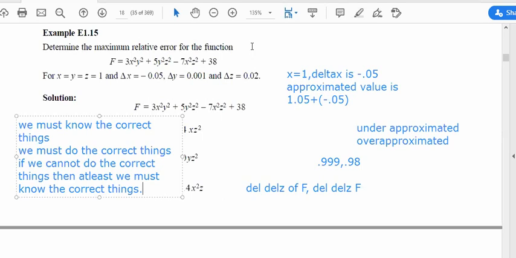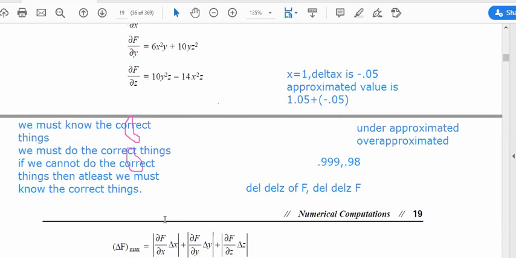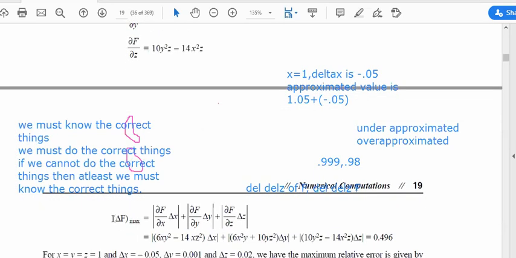Okay, so we come to this point. Del f maximum means del x f multiplied by the error, plus del y f multiplied by the error, plus del z f multiplied by the error.